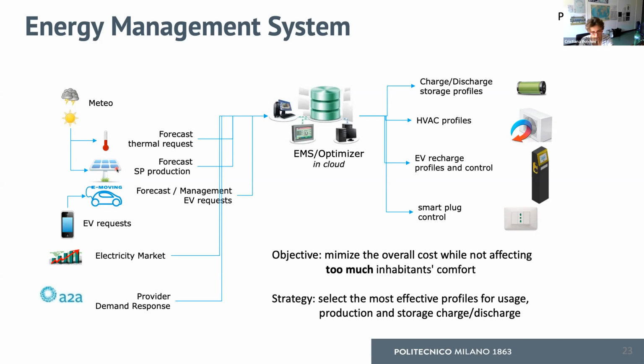We are using also electric cars, so there is a problem of the recharging of the electric cars, and the electricity market, because in this case the utility vendor was selling the energy at different price values. And A2A is the provider for the demand response opportunities for the energy market.